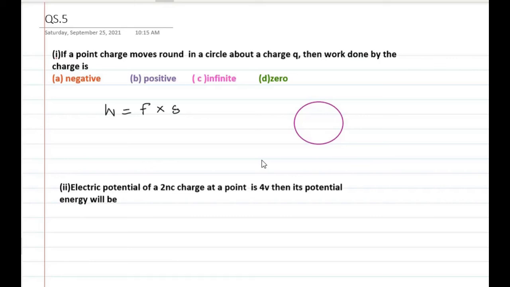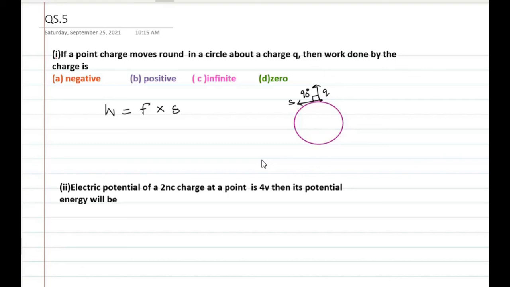So some charge Q is there, and the work done on it involves the force acting on it as well as the displacement of that charge. There is an angle of 90 degrees between these two.